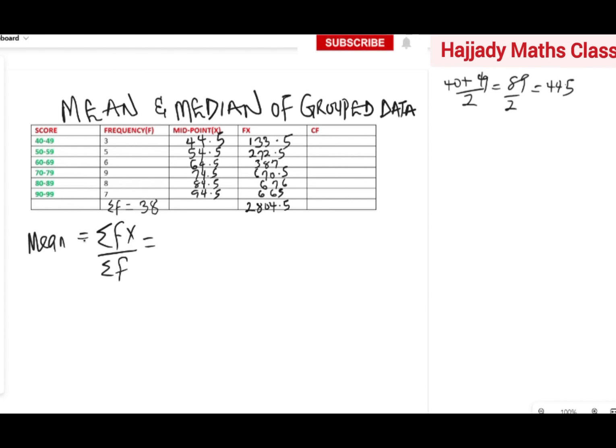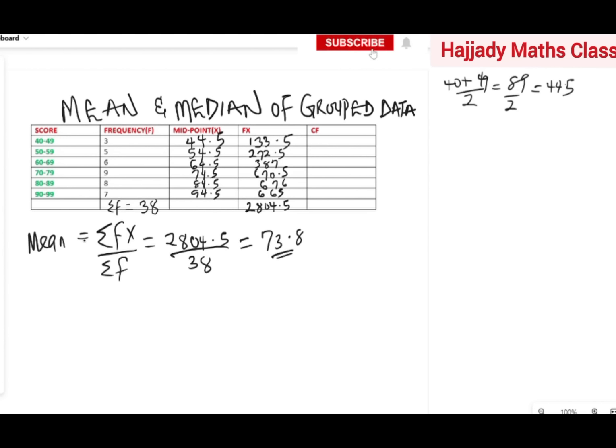Calculating the mean here, we have our summation fx, which is 2,804.5, divided by our summation f, which is 38. This is going to give us 73.8. This is our mean. So this is the average for these data sets.